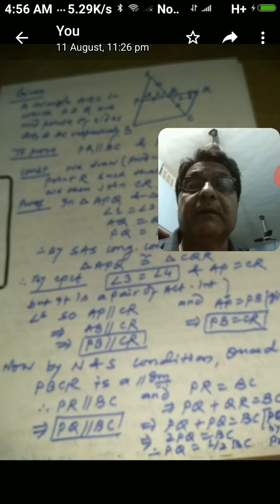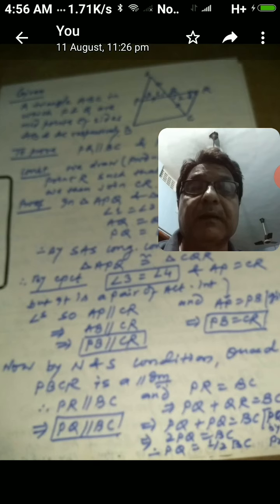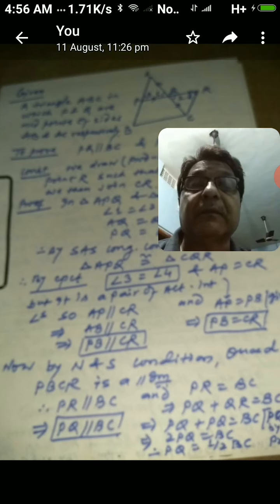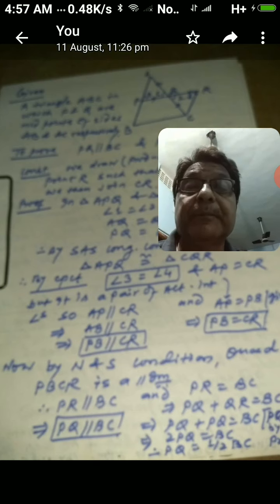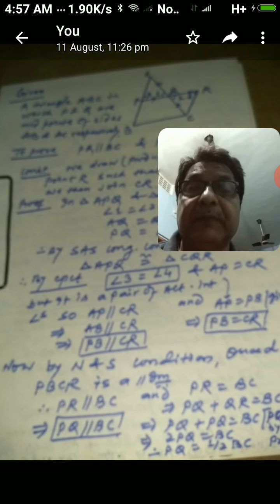So quadrilateral PBCR is now a parallelogram, and when it is a parallelogram, its opposite sides will be parallel as well as equal. So we can write that PR is parallel to BC as well as PR is equal to BC.